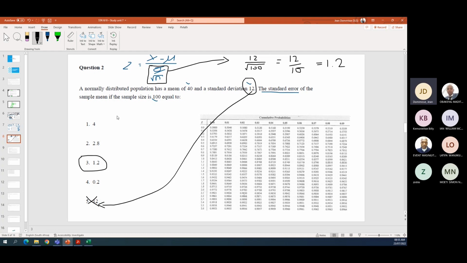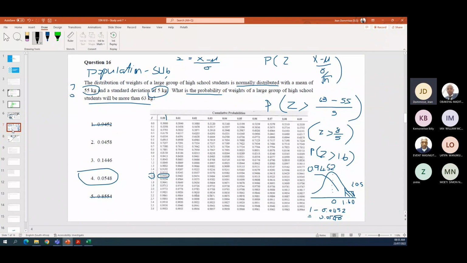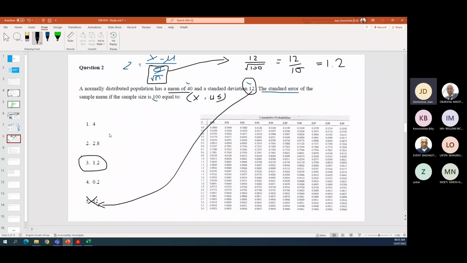What they could have done here to confuse you guys as well is that they could have put in the mean and they could have said X is equal to 45 or something, because then sometimes one wants to follow the process how we did all of the others. And you will probably also then get an answer. So just be on the lookout when we need standard error.